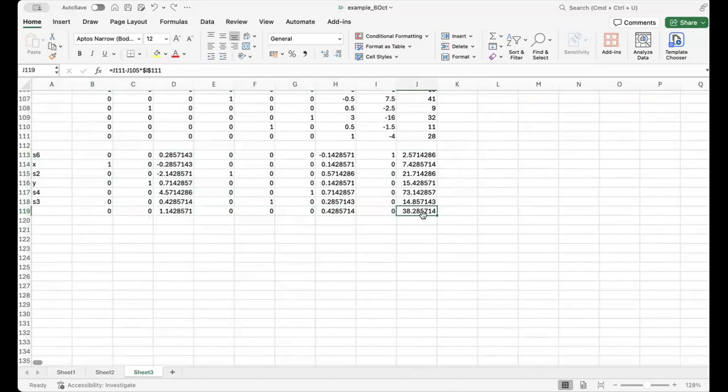And this is the value of our objective function, the optimum value, where x is this value and y is this value. S1 and S5 are active.